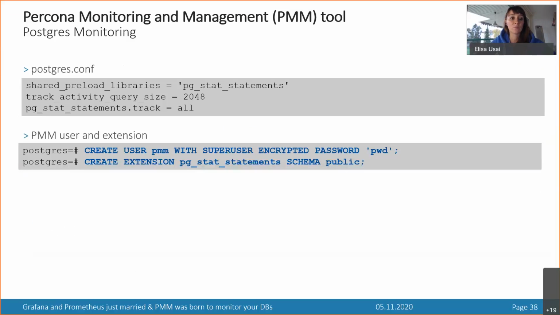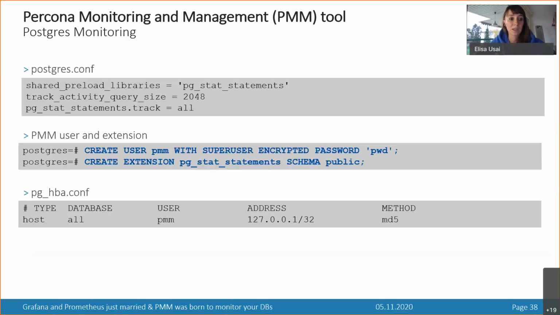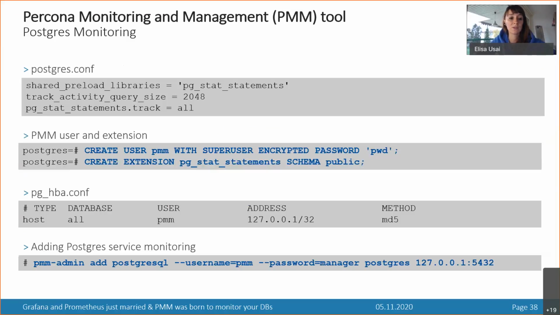You have to create the Postgres monitoring user and create the extension pg_stat_statements, and adapt the configuration to let the monitoring user connect to your instance. And then with the same command, you can monitor your Postgres instance.